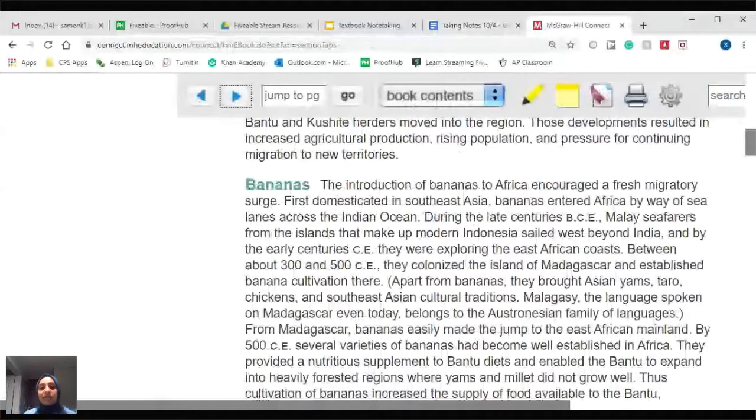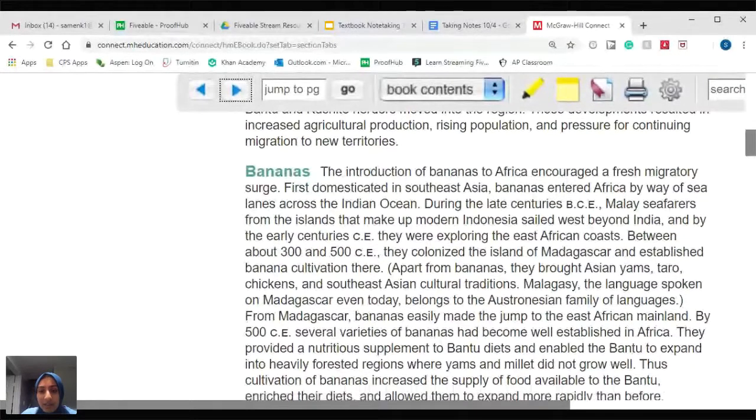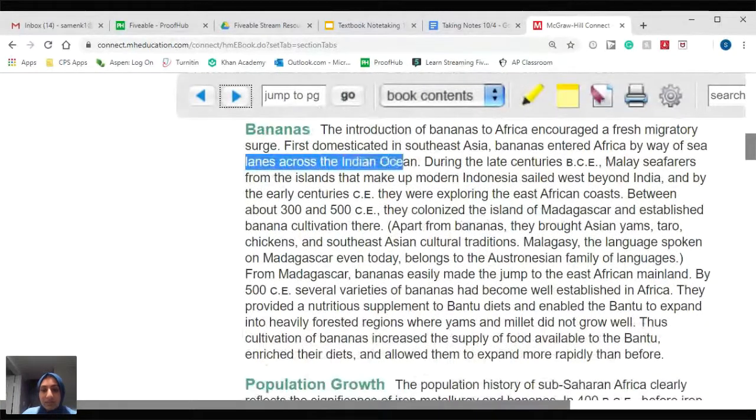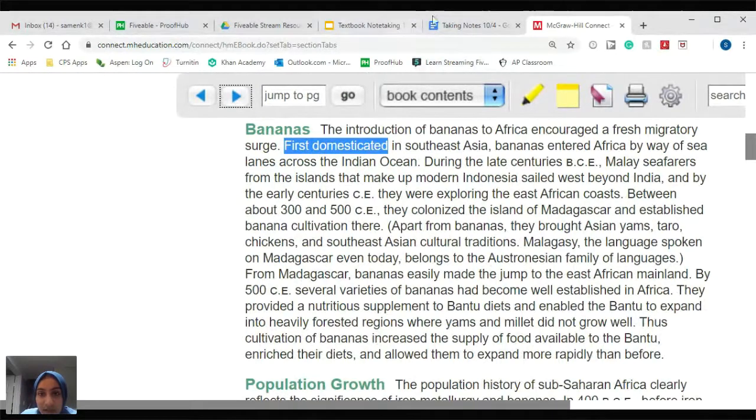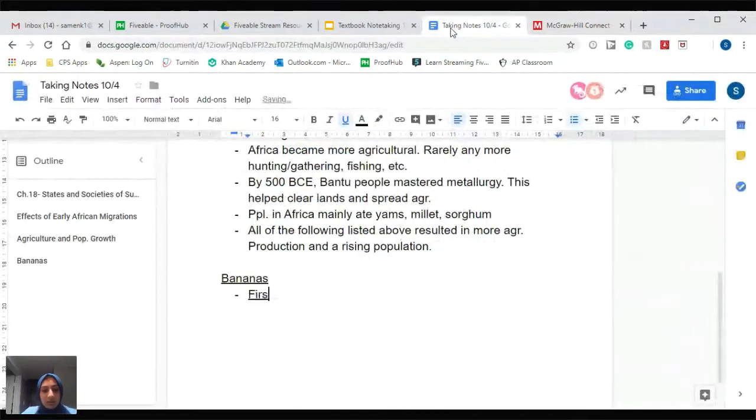So it says here, the introduction of bananas to Africa encouraged a fresh migratory surge. First domesticated in Southeast Asia, bananas entered Africa by way of sea lanes across the Indian Ocean. So I'm going to write this first. Bananas were first domesticated in Southeast Asia.